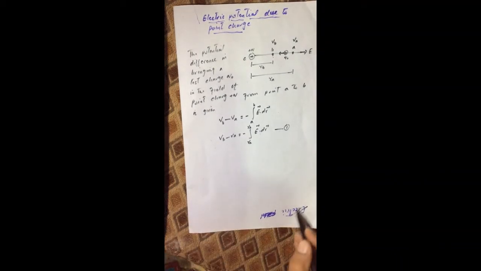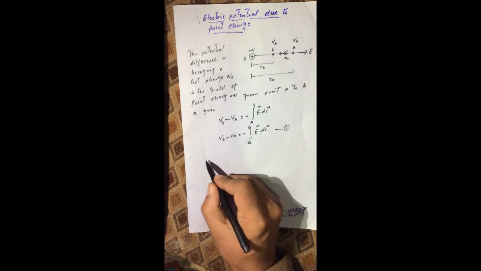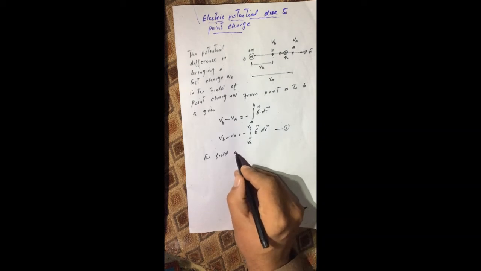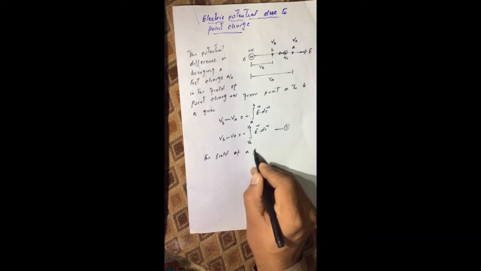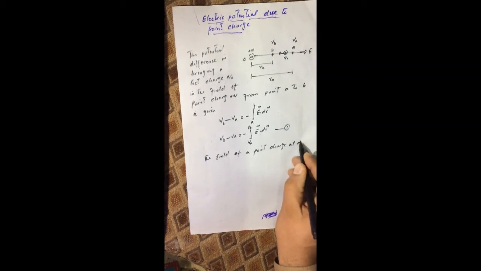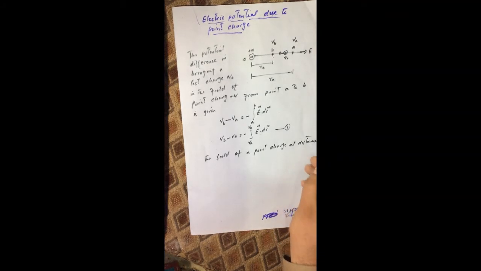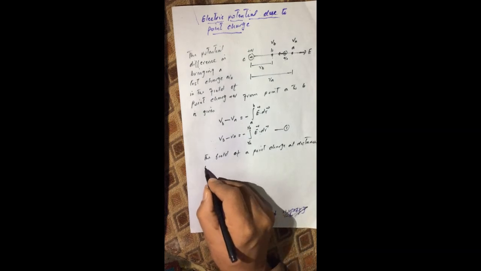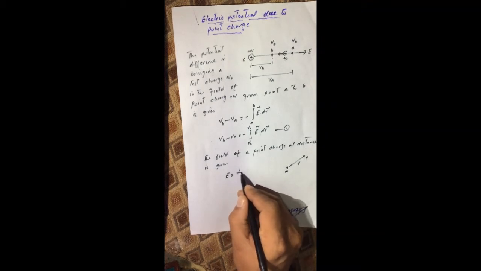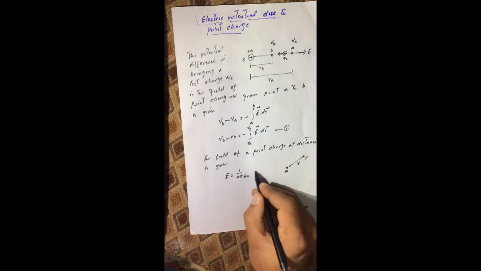Now we know the electric field of a point charge at a distance R is given by, if we have a point charge Q, its electric field at this point P, which is at a distance R, is E is equal to 1 over 4 pi epsilon naught Q over R square.